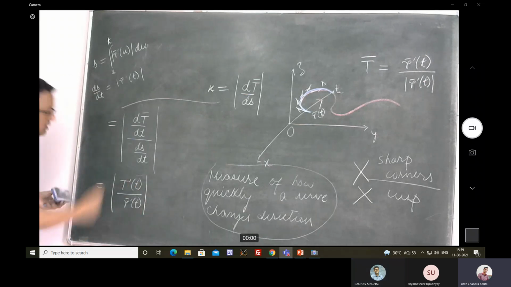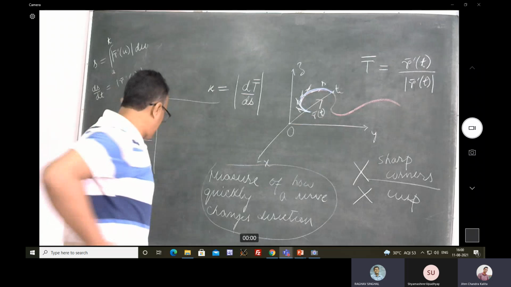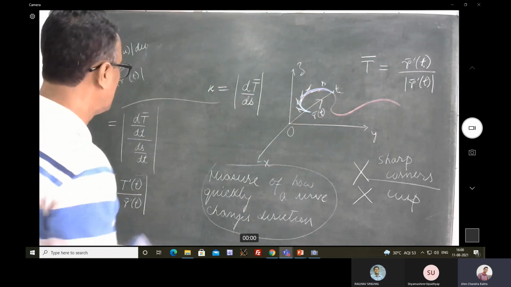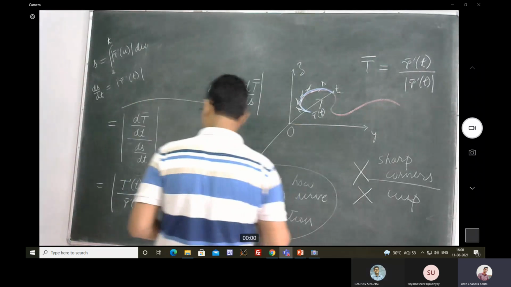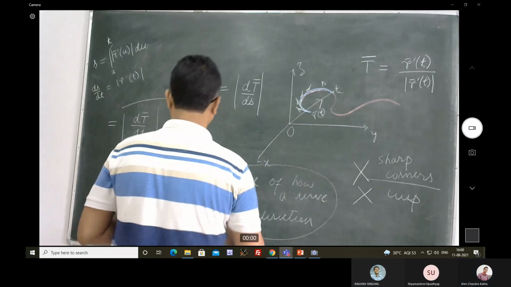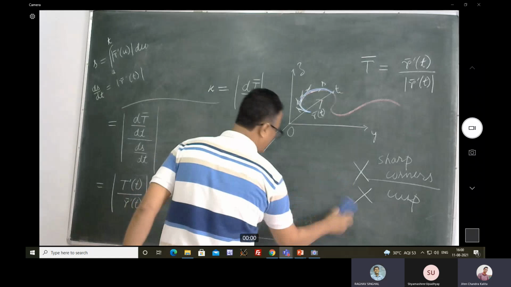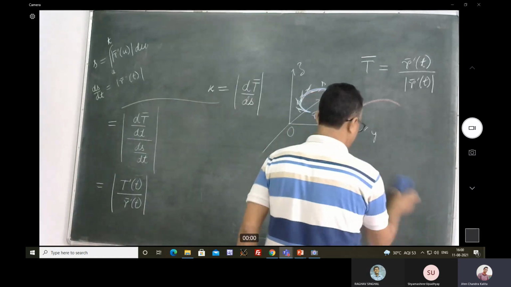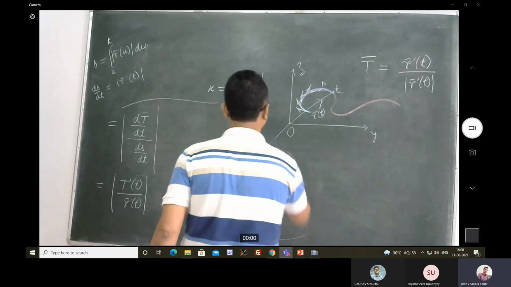We are going to make use of this expression in order to develop some theories for the formula of this curvature. Before going to those, can we try to find out the radius of curvature of a circle of radius a in a two-dimensional plane?